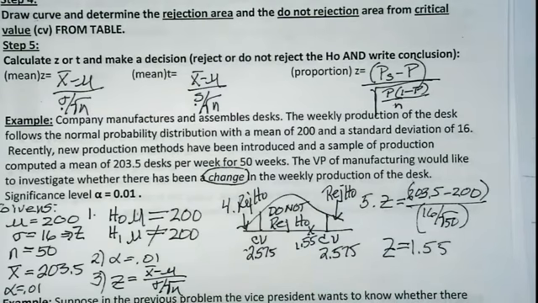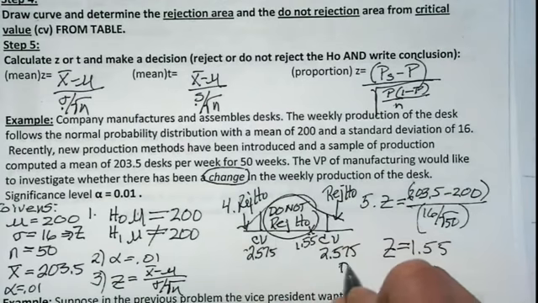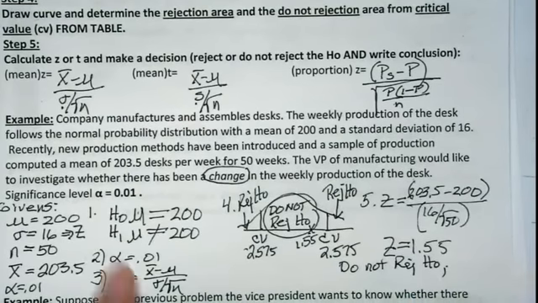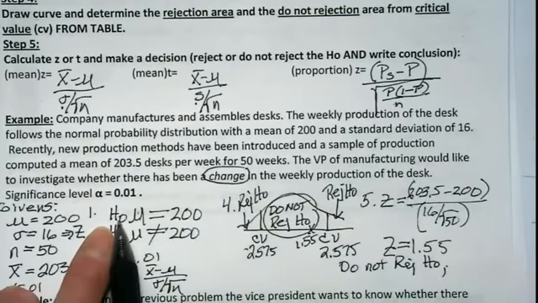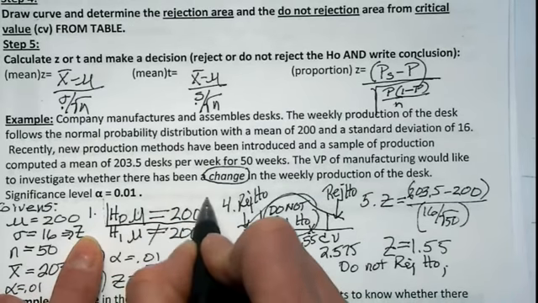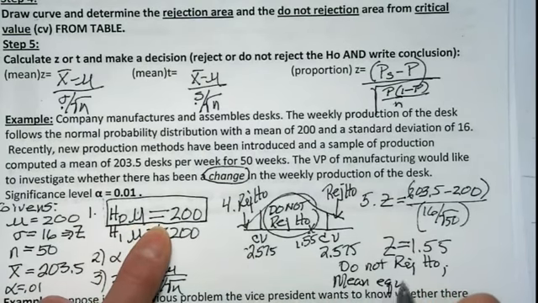Part of the answer, you need to write, do not reject null hypothesis. And what I tell students to do, here's the null hypothesis, right? I'm not rejecting it. Box it and put these symbols back into words. The mean equals 200.